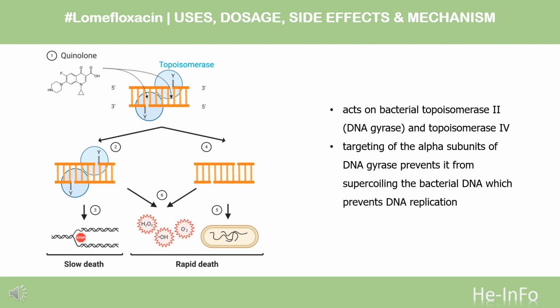DNA gyrase appears to be the primary quinolone target for gram-negative bacteria. Topoisomerase 4 appears to be the preferential target in gram-positive organisms. Interference with these two topoisomerases results in strand breakage of the bacterial chromosome, supercoiling, and resealing. As a result, DNA replication and transcription is inhibited.